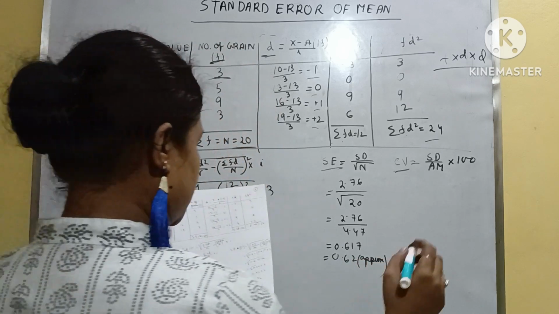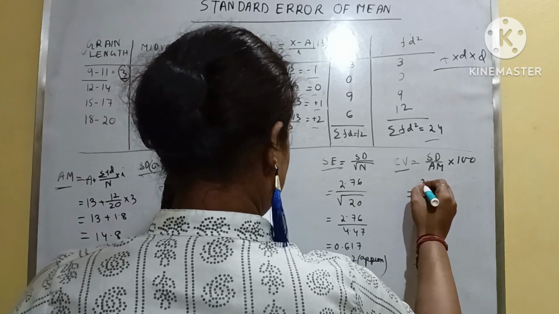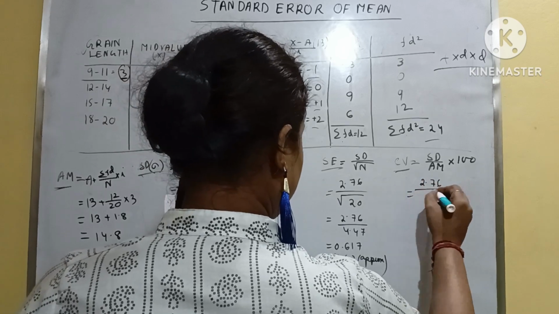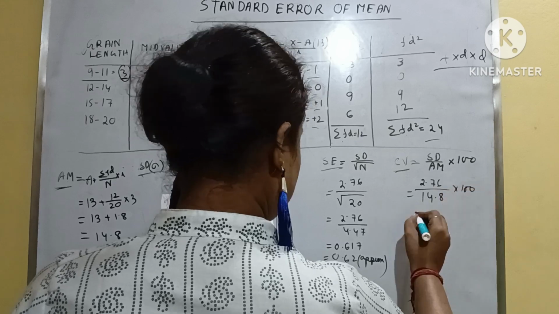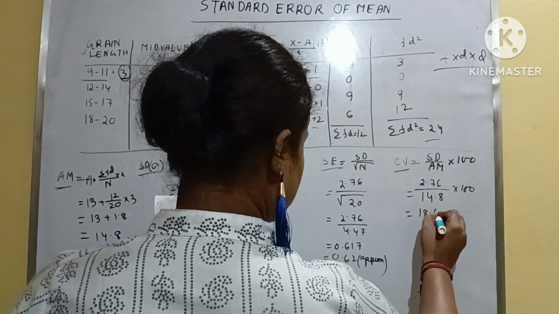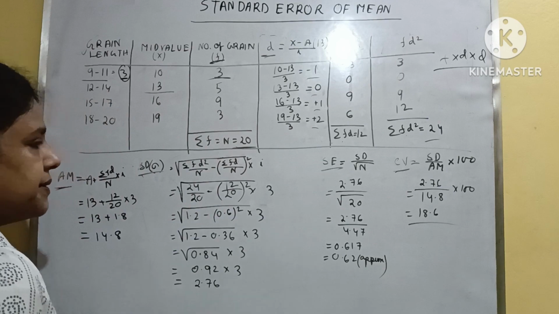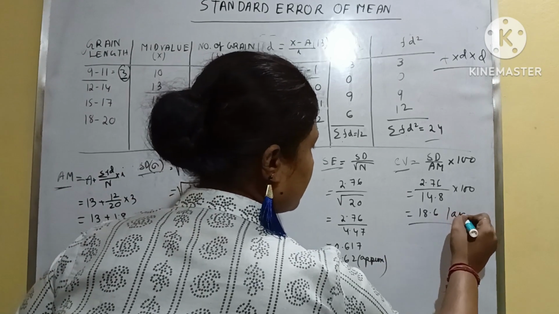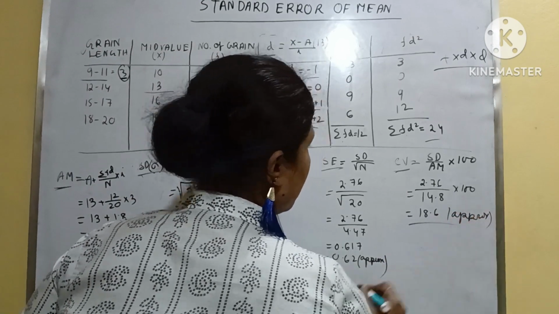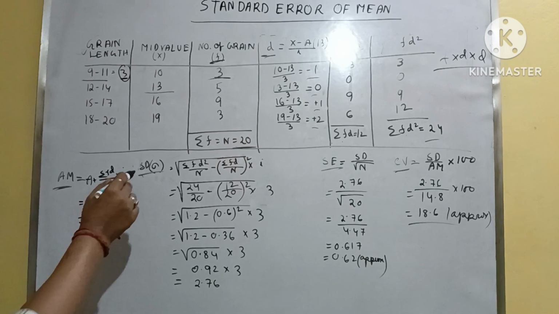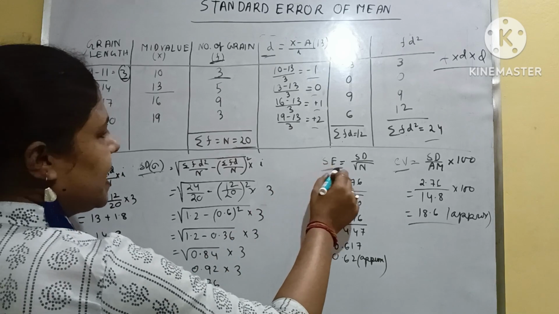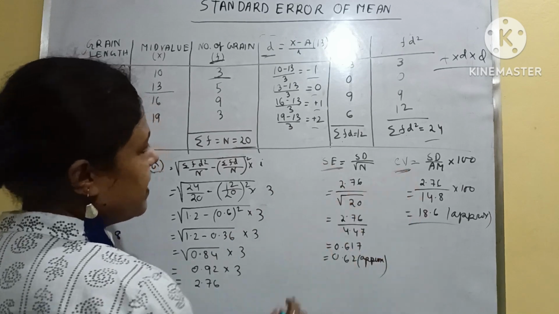And CV is 2.76 by 14.8 into 100, so the value becomes 18.6. Clear? So these are the values. First is the arithmetic mean, second is the SD value, third is the SE value, and fourth is the CV value.